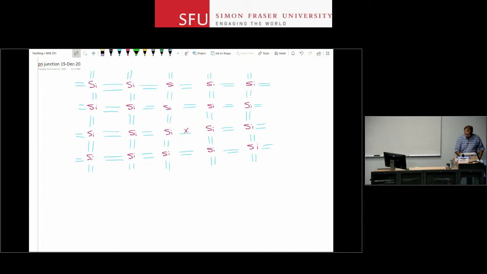It can hop over here, but remember, this silicon is happy. It doesn't need it, so it doesn't really make a strong bond to any of those silicons. Or it can go over here, or it can go over here, right? So it can start moving around in the lattice.